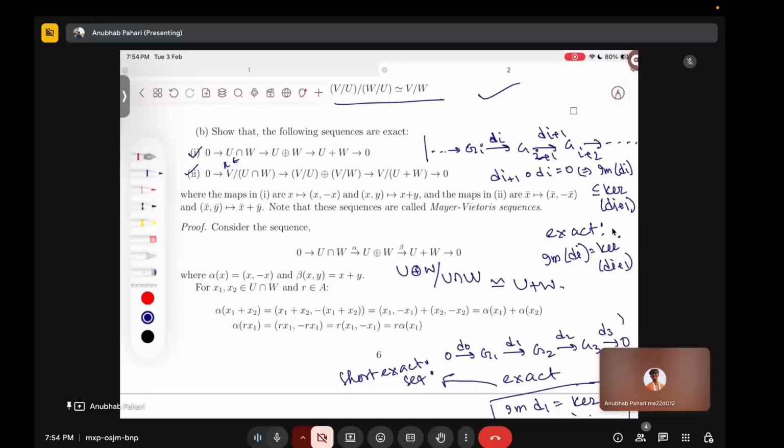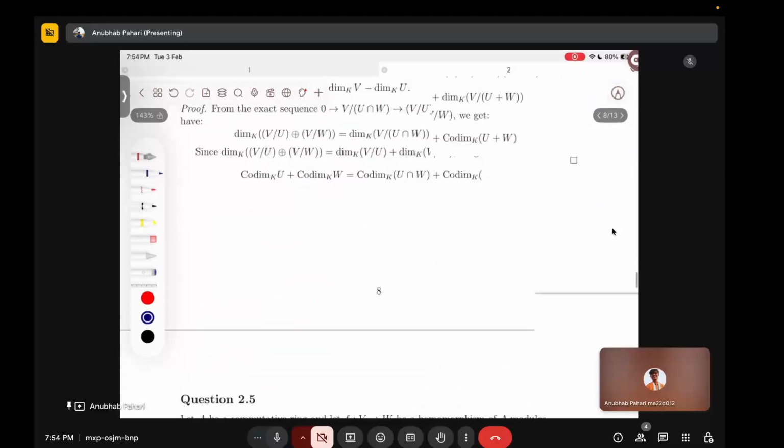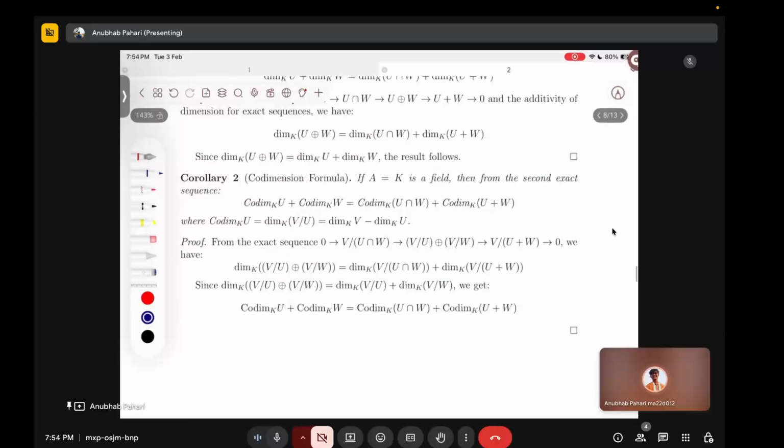Yes, from the isomorphism, and you know the dimension of the quotient is the dimension of this minus the dimension of that, and since they are isomorphic, is it clear now? Yes, sir. Okay, nice. So similarly you can look at corollary 2, and give me 2 minutes.